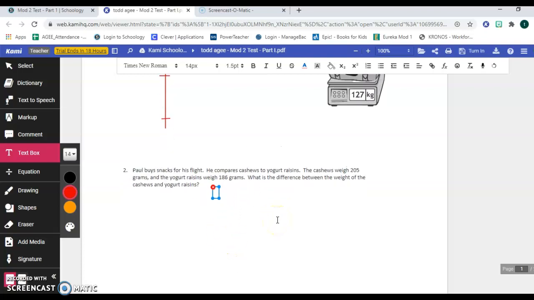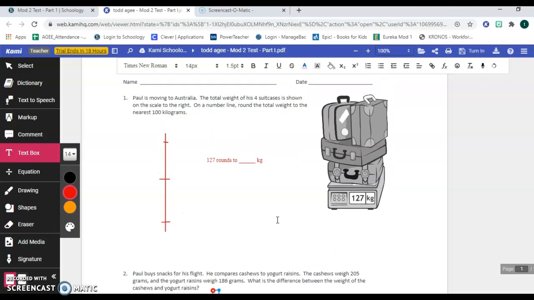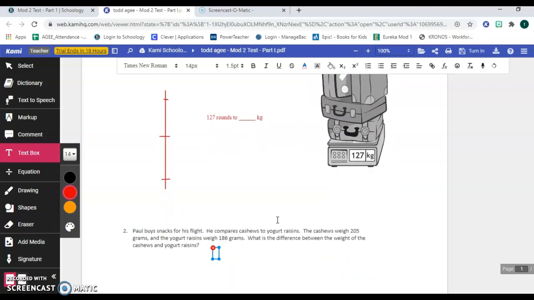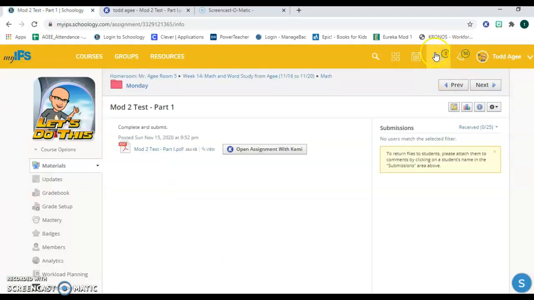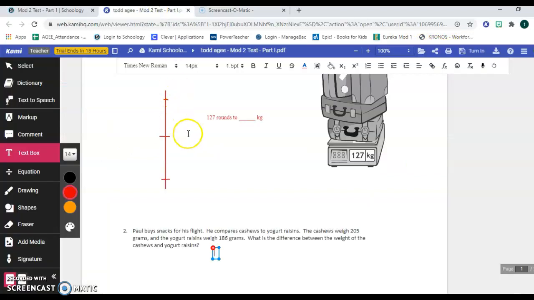Of course, as always, if you have any questions with this, you got to make sure you ask me. If you're struggling in any way, you've got to make sure you ask. You could either send a message on the messaging tool in Schoology, or you could bring your question to our live sessions each day.